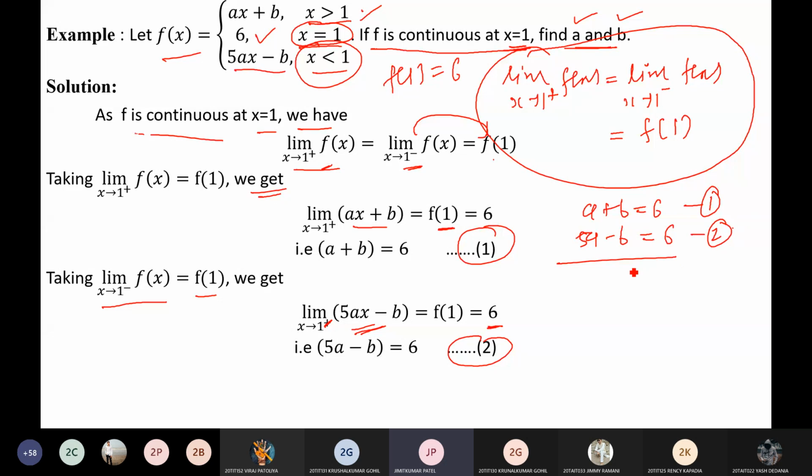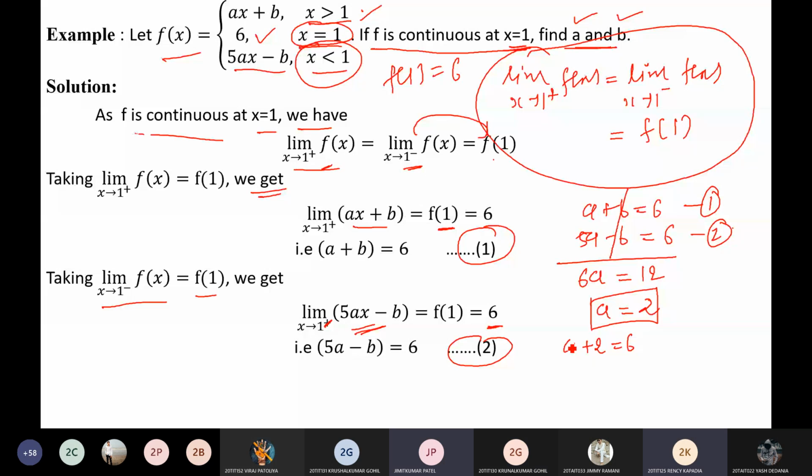If we solve these equations by the elimination method, b will be cancelled out. So 6a is equal to 12, so we have a is equal to 2. And if we replace a is equal to 2 in any of the equations, b is equal to 4.